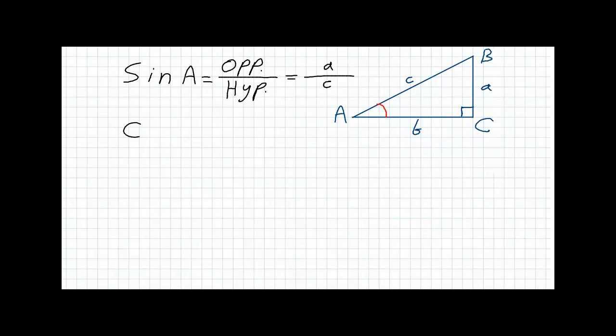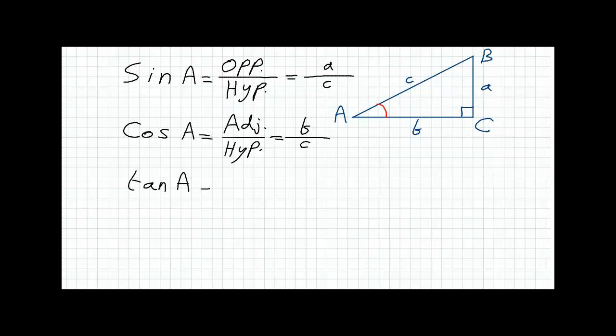Cosine of the same angle is the ratio of the adjacent side to the hypotenuse, which is b over c. And the tangent of the same angle is the ratio between the opposite side and the adjacent side, which is a over b.